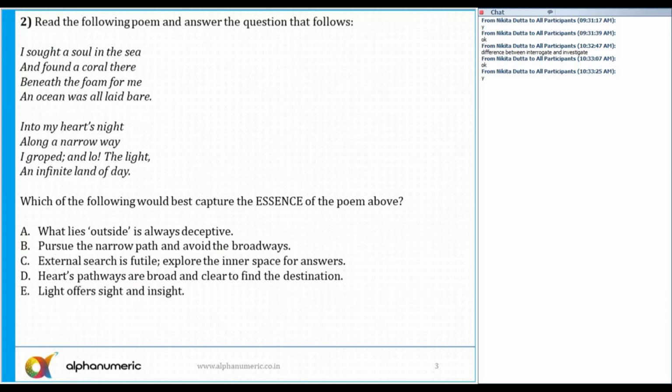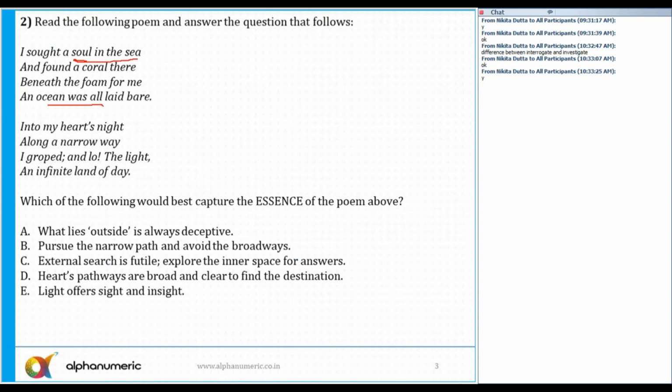Okay. Question number two. The poem says, "I sought a soul in the sea, but I did not find anything there. I found an ocean." So when I looked outward, I tried to find my soul in the sea, I did not find anything there. All I found was the outward world.